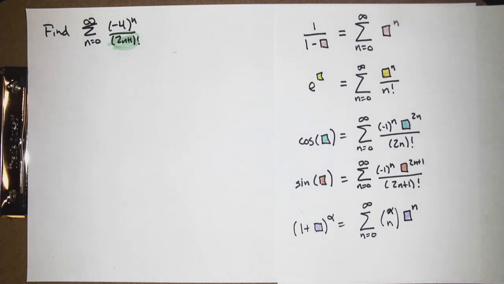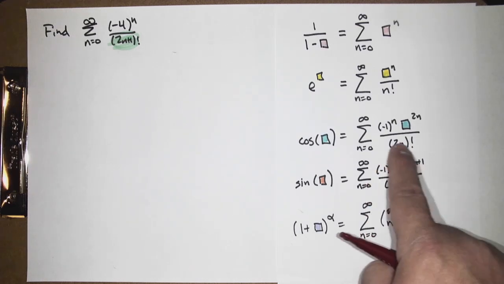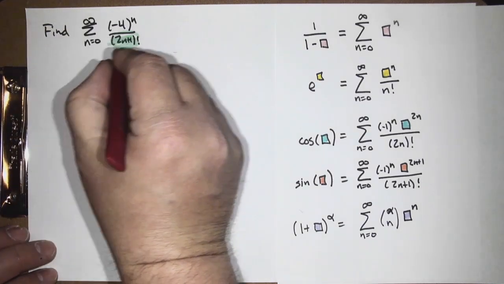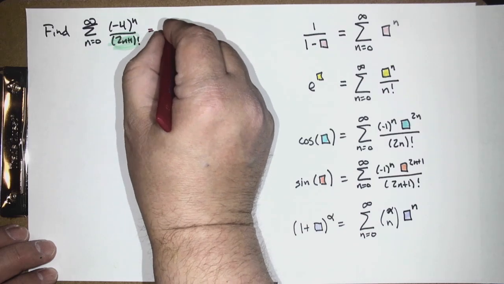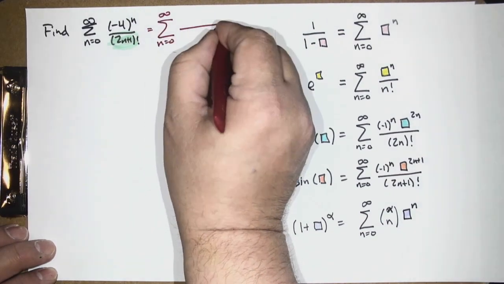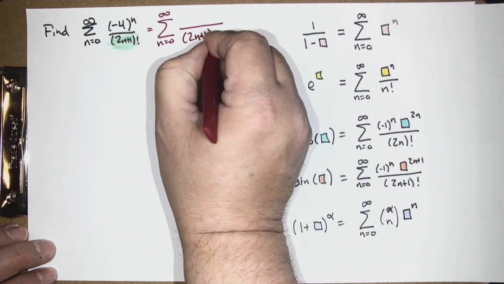All right, so looking at what we have, negative 4 to the n, what can we do to that to make it look more like this expression, negative 1 to the n times something to the 2n plus 1? Or can we do that?